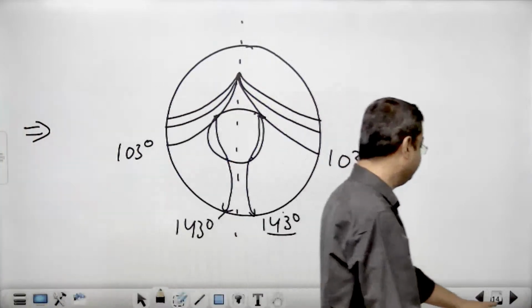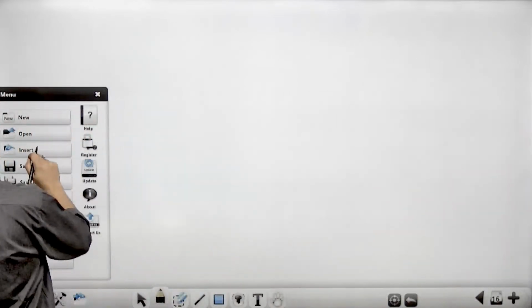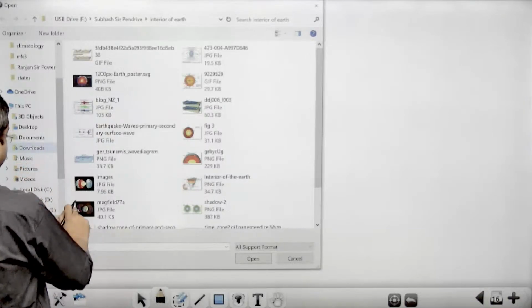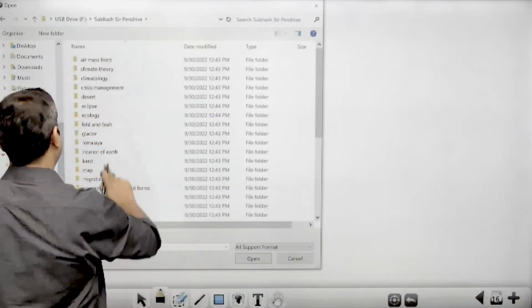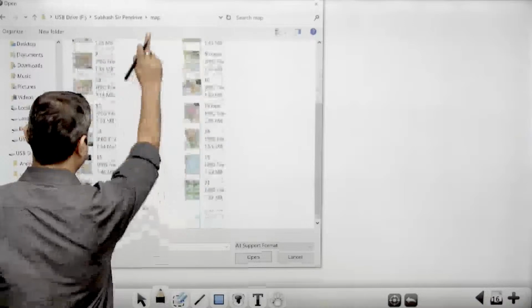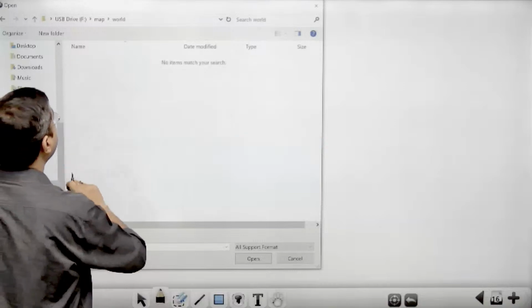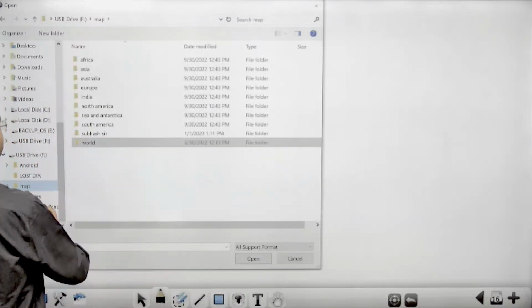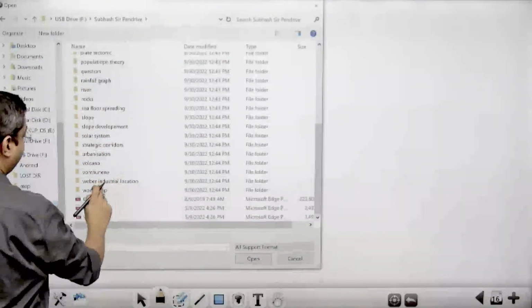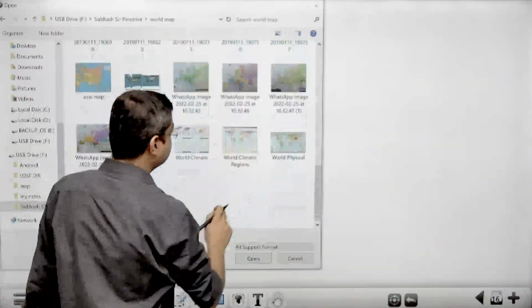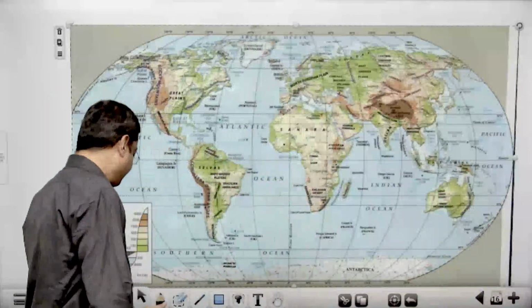To better understand it, this is your world map.